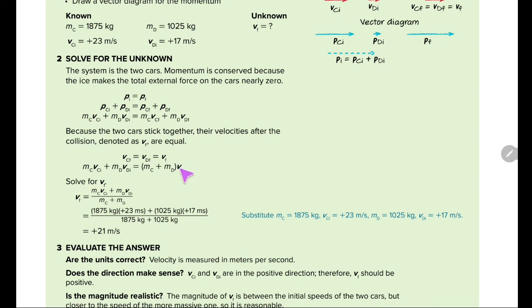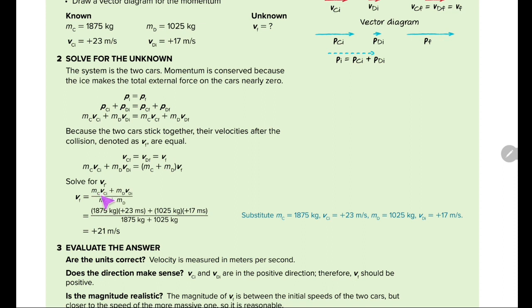Because we need to find V final, we divide both sides by mC plus mD. So our equation will be like this. And after that, we will write the numbers.